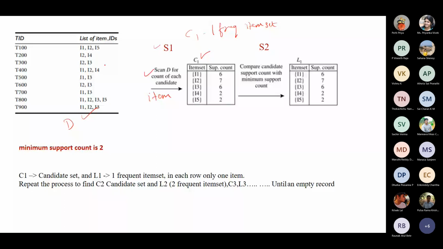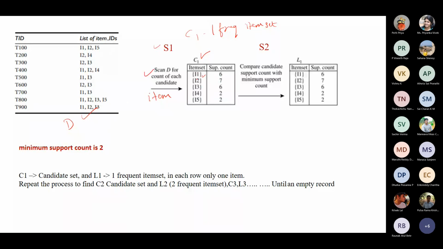Look at the total number of products and write only single items in the table: I1, I2, I3, I4, I5, because there are 5 items. Next, in the same step, calculate the support count. It indicates how many times each item is appearing in the total transactions.